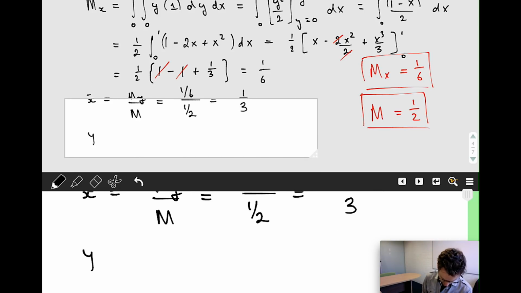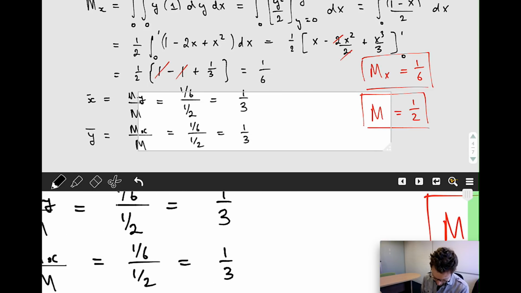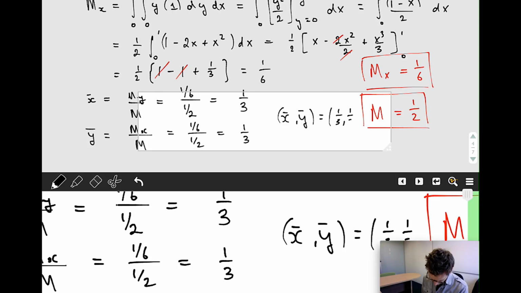And we have the center of mass coordinate in the y direction, we call it y bar, is going to be given by the first moment about the x-axis divided by the mass, which is 1/6 divided by 1/2, which is also 1/3. So we find that the center of mass coordinates are the same. So we have 1/3, 1/3.